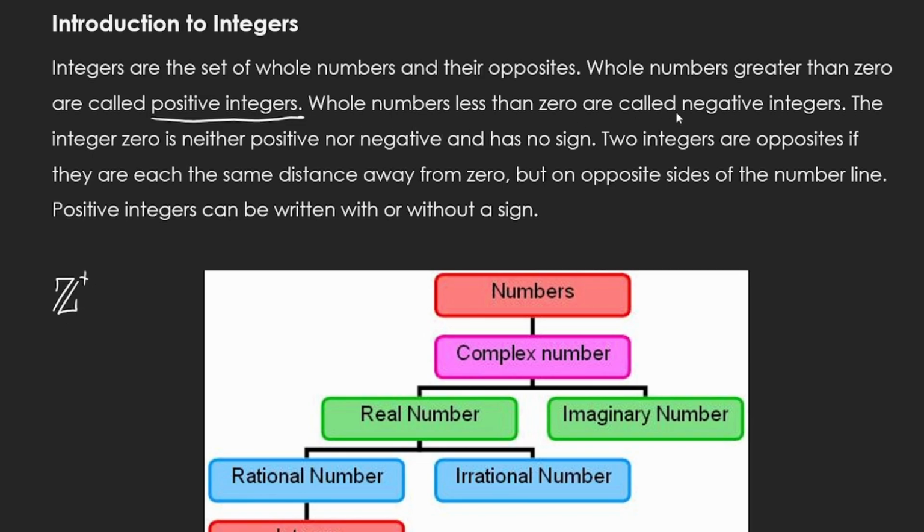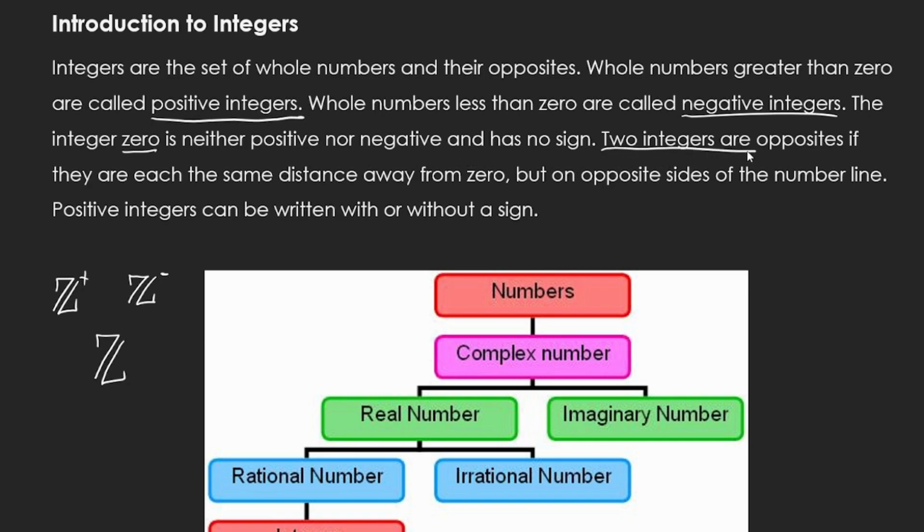If your whole numbers are less than 0, then they are negative integers, denoted by the Z with a negative sign. But if it is a Z without any sign, it is understood as both negative and positive. The integer 0 is neither positive nor negative and has no sign.